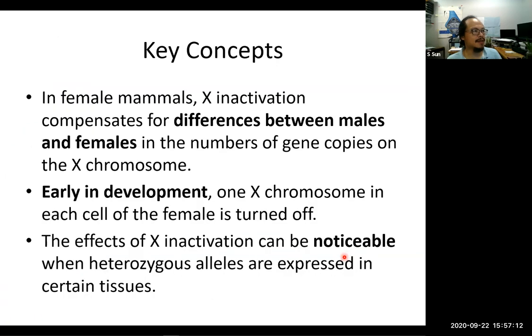So that's the inactivation. A little bit of a summary here. In female, one important feature is the X inactivation, and that was discovered through research on calico cats. The one who discovered it is someone named Barr.